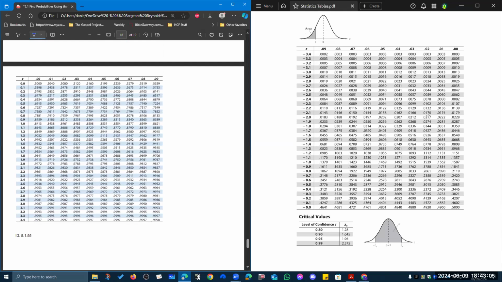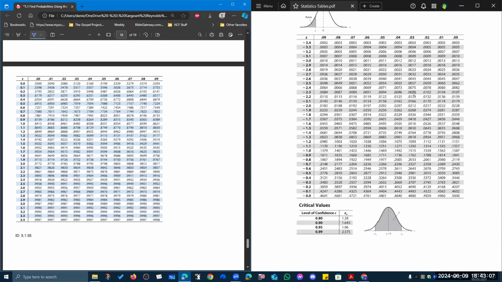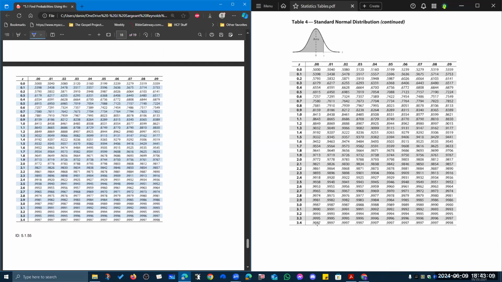If we're looking for things that are to the left of positive 3.5 or greater, we're basically going to use 1 because essentially everything is to the left of there. There's a very, very, very small tail that's insignificant there.